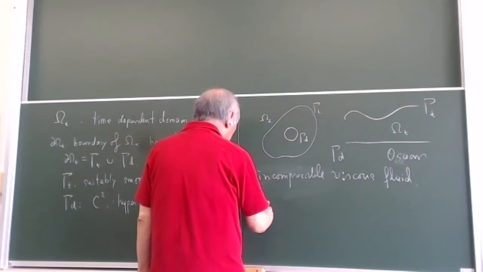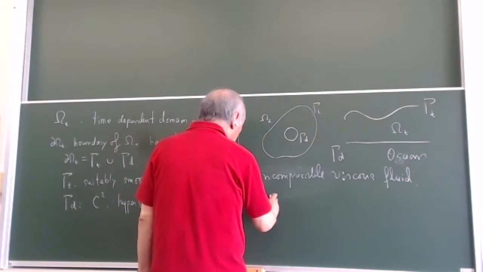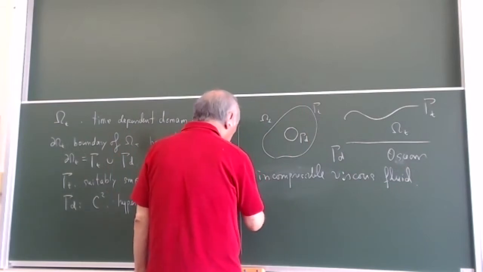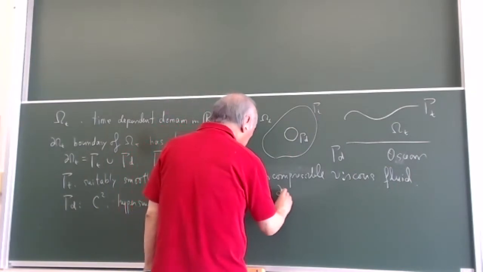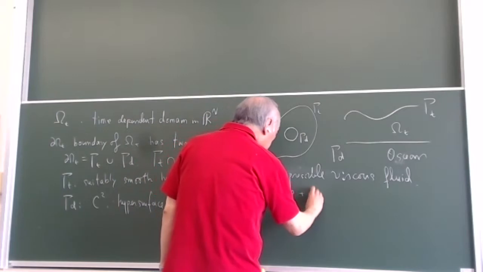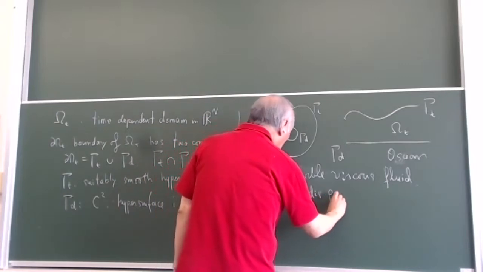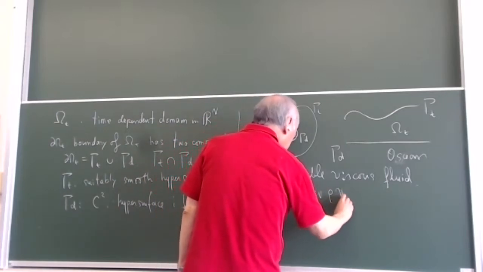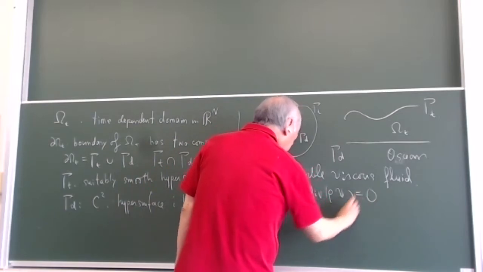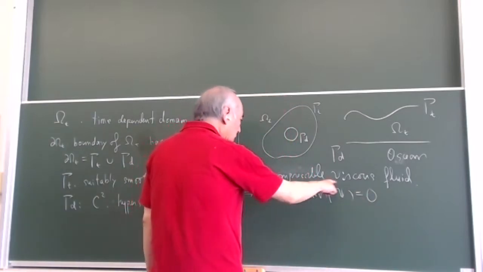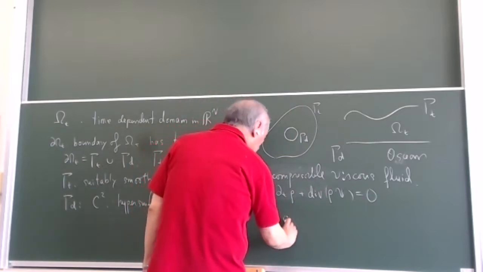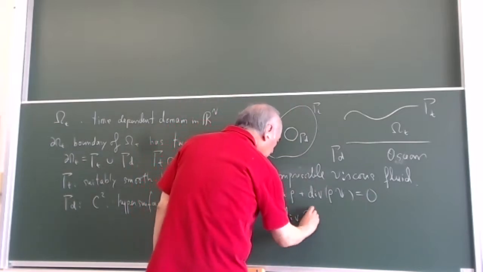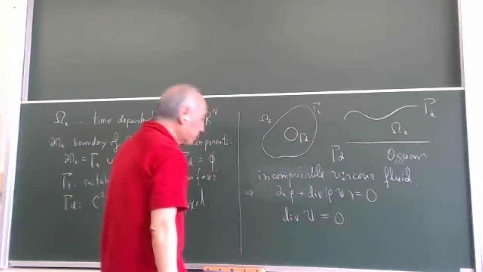Moreover, usually, for example, from the equation of mass, we have the time derivative of rho plus div of rho v, but incompressibility is written in this way: div v equals 0.